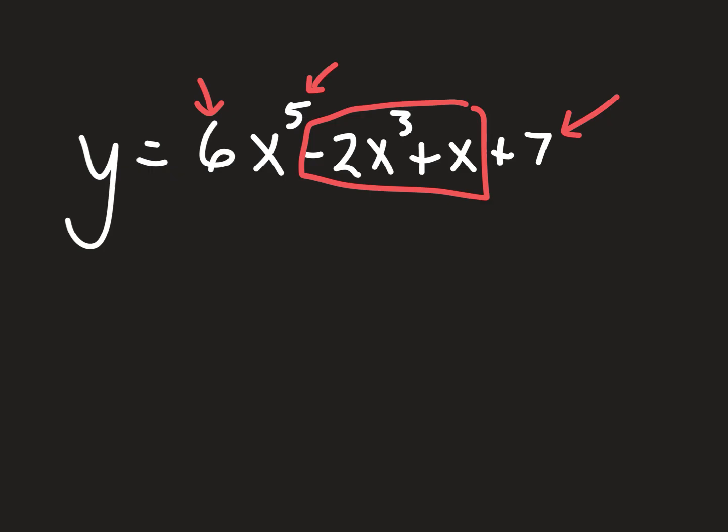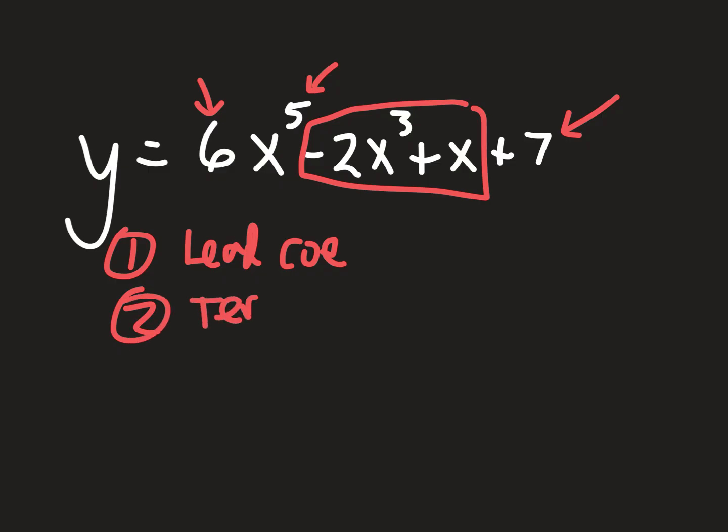Here's number 1. What's the lead coefficient? Number 2. How many terms does this thing have? Number 3. What's the right end doing? It's either up or down. That's all you have to say. Not rising and falling, it's just up or down.